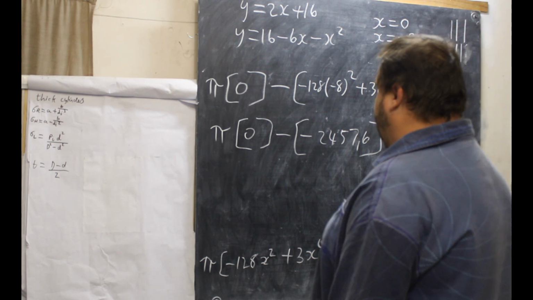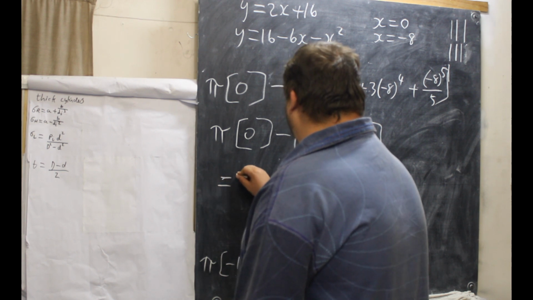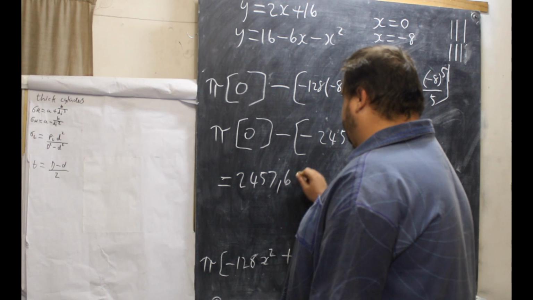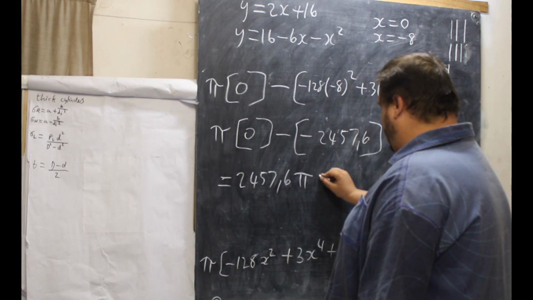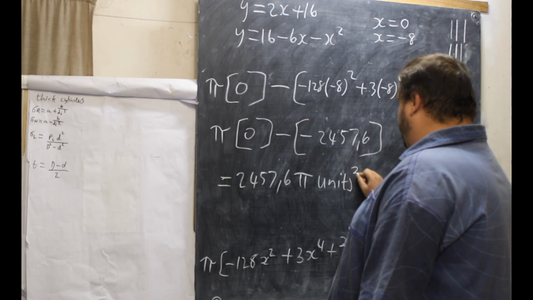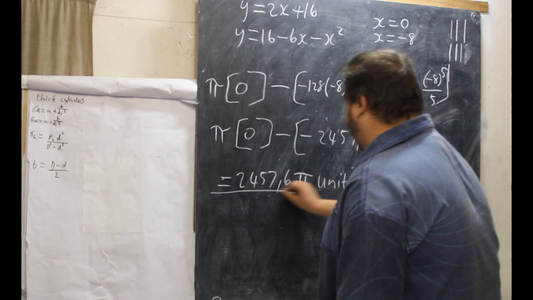So minus times minus is a plus. So it equals, finally, 24576 pi units cubed. So now this is our final answer.